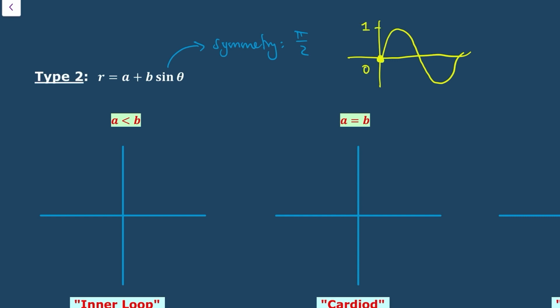So max at 1, pi by 2, pi, 3 pi by 2, down to minus 1, and so on. Okay, so when theta is equal to 0, r equals a plus b sine 0, which means I'm actually going to start here.